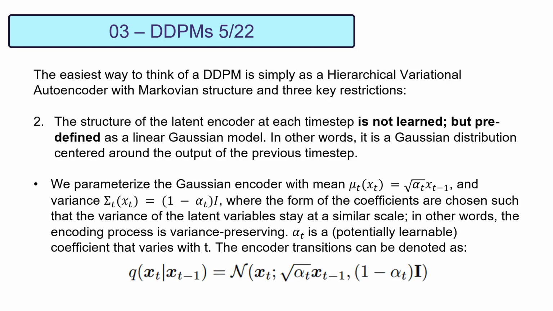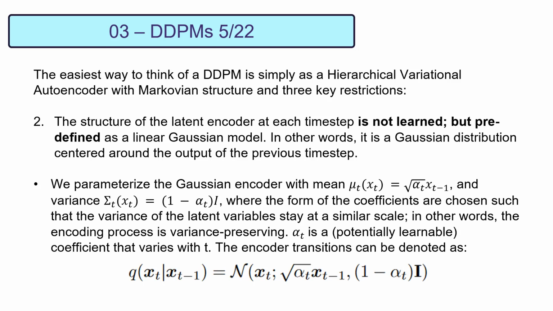So what is Q of t given t minus 1? It's a Gaussian distribution, which is parameterized with a mu at a given time t. This mean is represented with the square root of a coefficient we name alpha times the previous output. So if I have xt minus 1, I multiply it by a value that gives me xt.